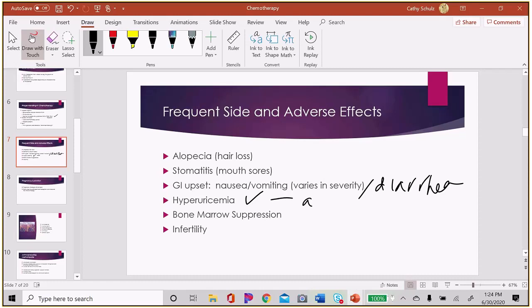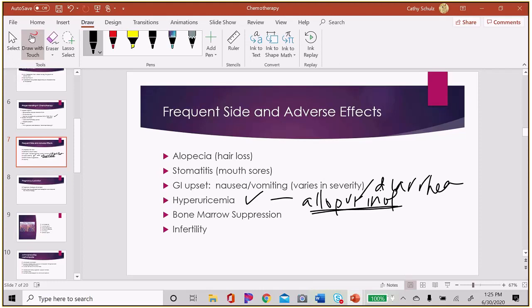So if a person is taking allopurinol in this setting, it will help prevent gout and kidney stones, but it's not that they have gout. They probably won't have to take it once the chemotherapy is done. It's just that during the chemotherapy, that uric acid level will be low.